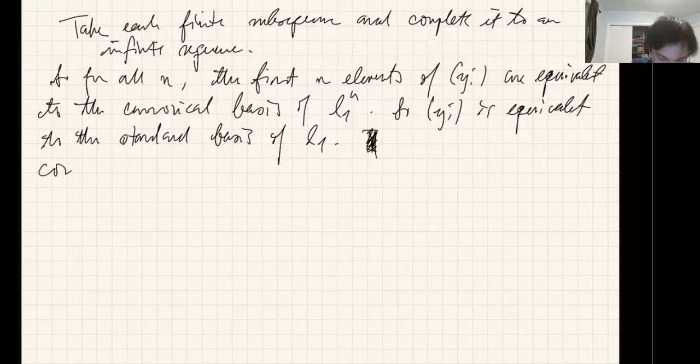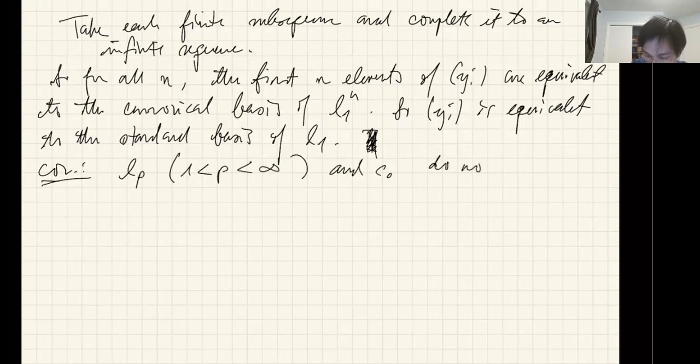Okay, so as a corollary, Lp, 1 less than p less than infinity, and C0 do not embed into T. All right, and why is that? So the proof.